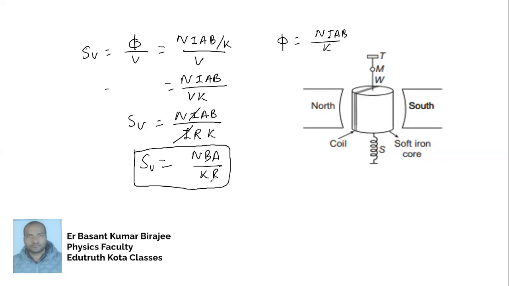So this is the formula for your voltage sensitivity, and we can increase voltage sensitivity by increasing the number of turns, by increasing the magnetic field, by increasing the area of the loop, and by having a spring of lower torsional constant, and by having a coil of lower resistance.